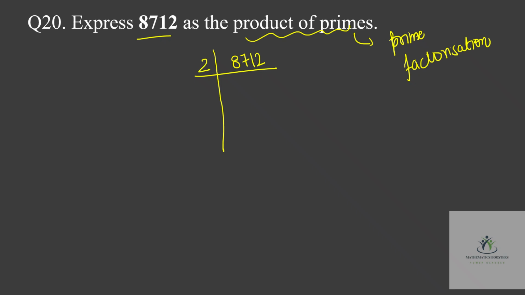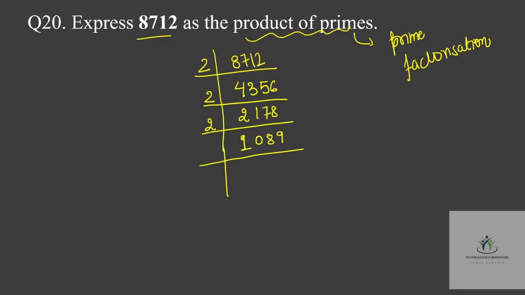Divide 8712 by 2. The result will be 4356. Again, it is an even number, divided by 2, 2178. Again, it is an even number, divided by 2, 1089. Now this is not an even number.